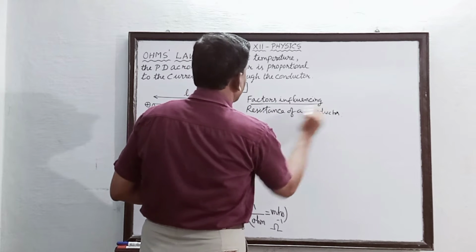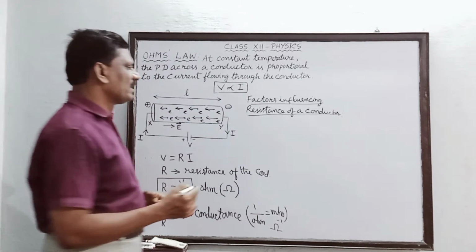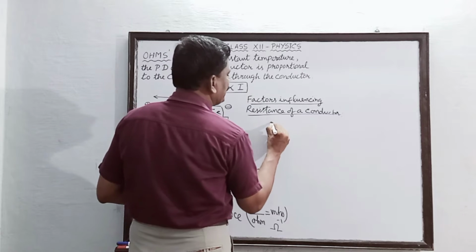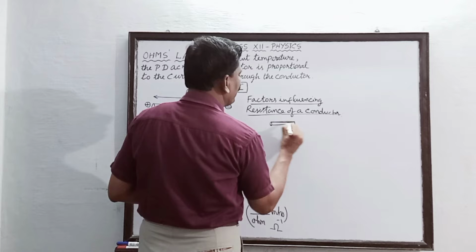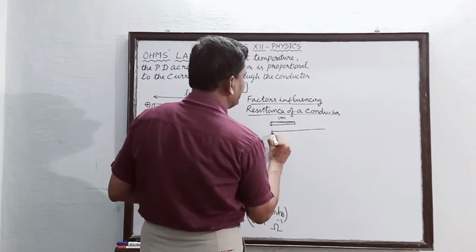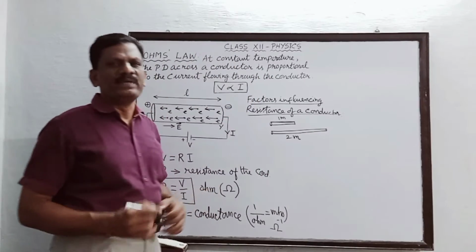So what are the factors on which the resistance of a conductor depends? Now for that, let us consider two conductors. One conductor is made up of copper whose length is 1 meter, for example, and another conductor of the same thickness and area of cross section, but it is having a length of 2 meters.